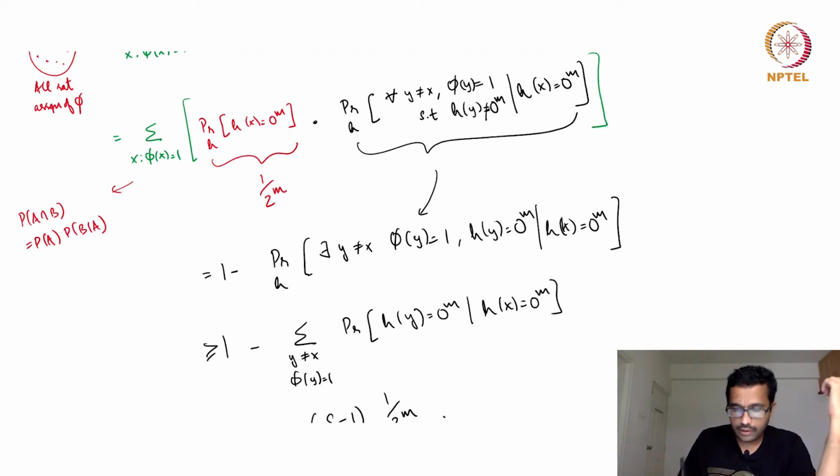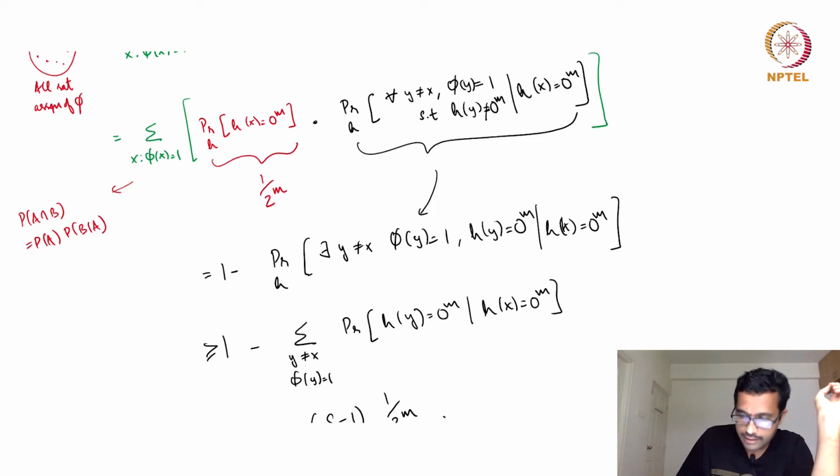What we can do is consider the complement event: 1 minus the probability that there is a y for which h of y maps to all zeros. So instead of saying for all the y's h of y should map to non-zero, we say 1 minus the complement event, there is a y for which h of y maps to all zeros.